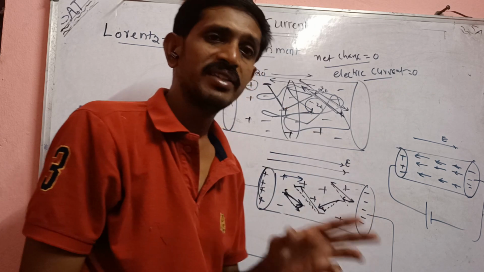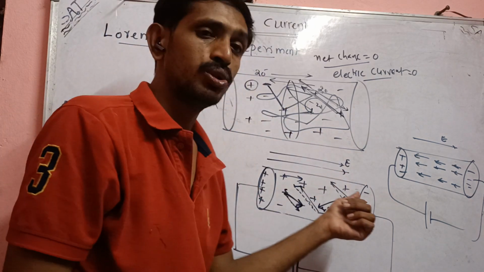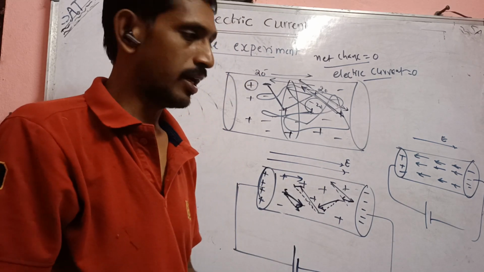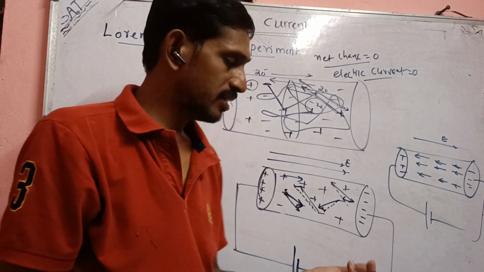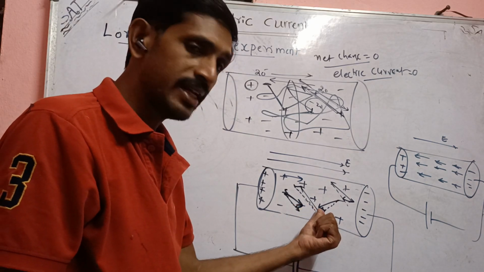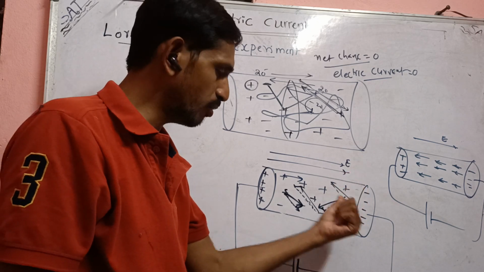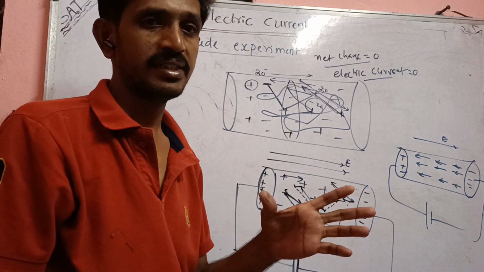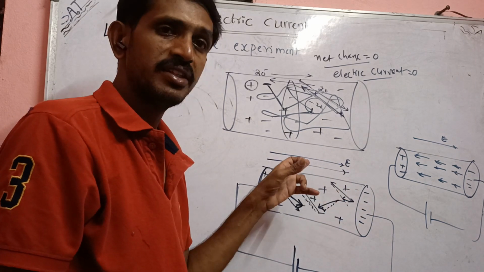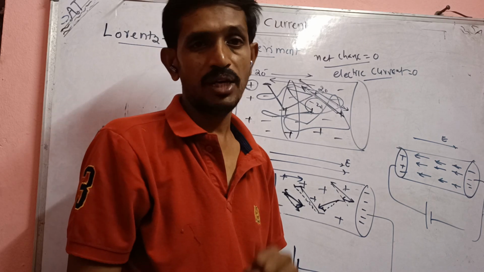Practically, the electrons move opposite to the electric field, but by convention, the electric current flows in the direction of positive charge.